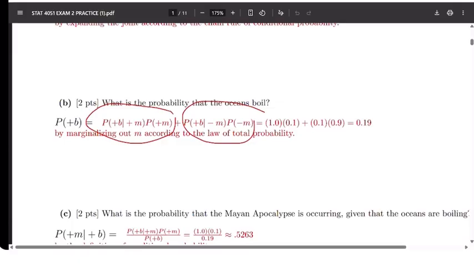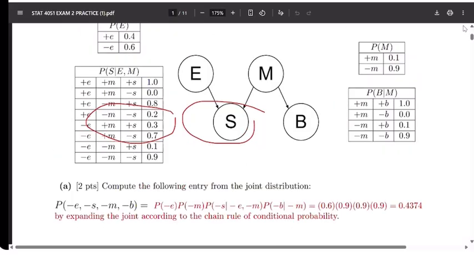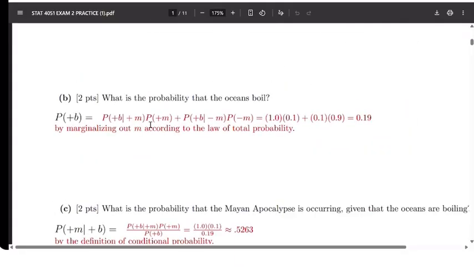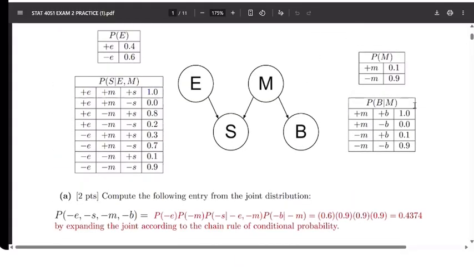Now, all I'm going to do is go to the table and start plugging in the values. The B plus given M, I'm going to come to the table. Take a look at this. B plus given M plus is 1. Can you see that?